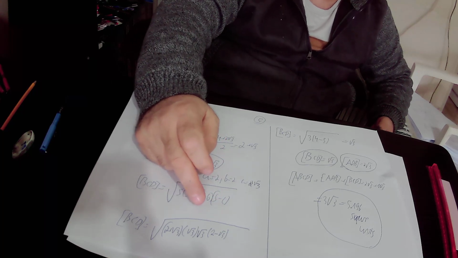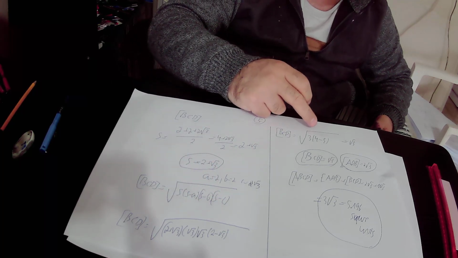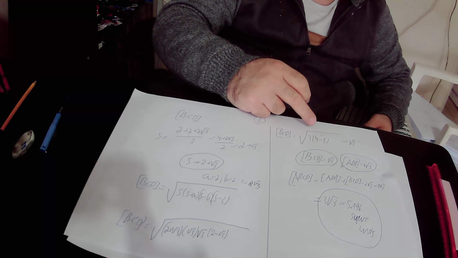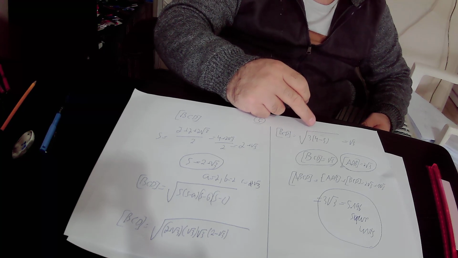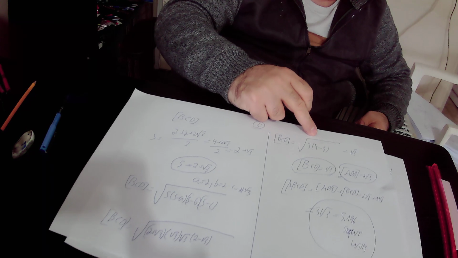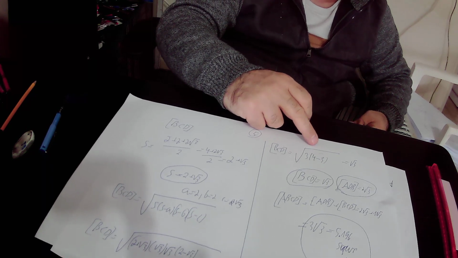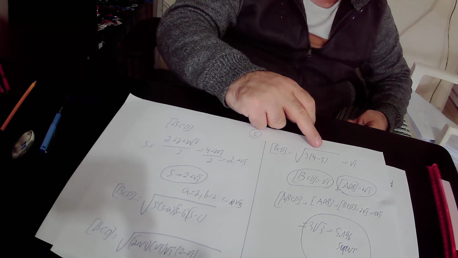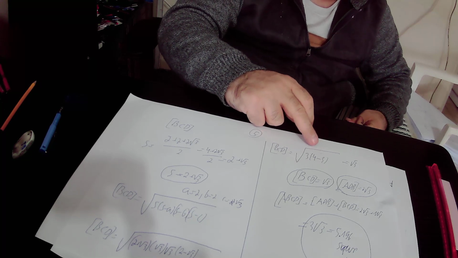Here A equals 2, so A squared is 4. B equals square root of 3, so square root of 3 squared is 3. So in conclusion, A squared minus B squared is 4 minus 3. 4 minus 3 is 1. 1 times 3 is 3.